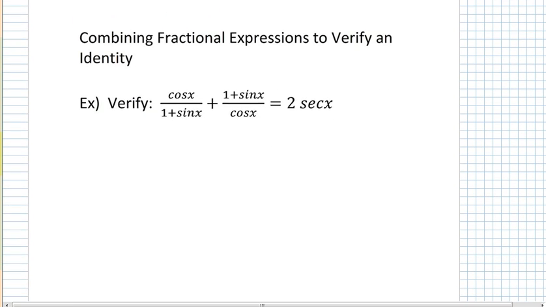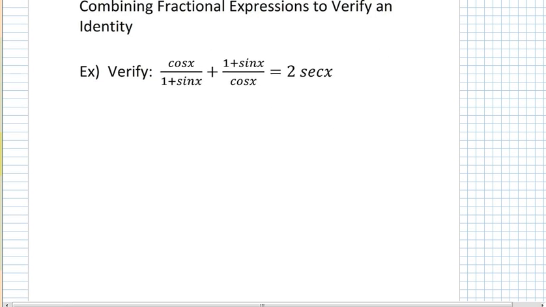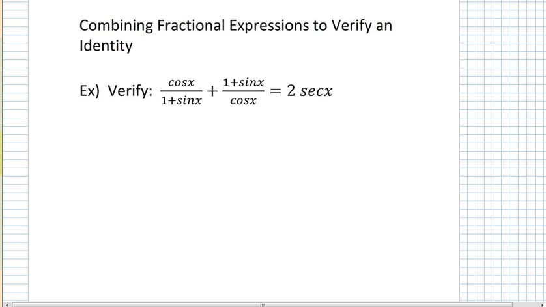So next we have an example where we're going to have to basically combine a fractional expression to verify an identity, meaning we'll get a common denominator. And here, the common denominator is 1 plus sine of x times cosine of x.